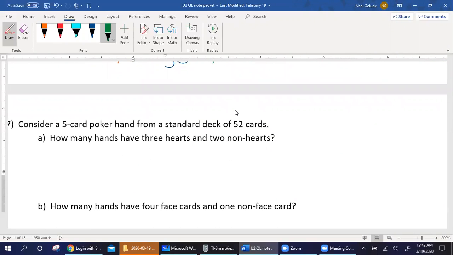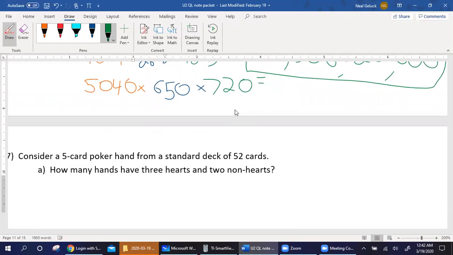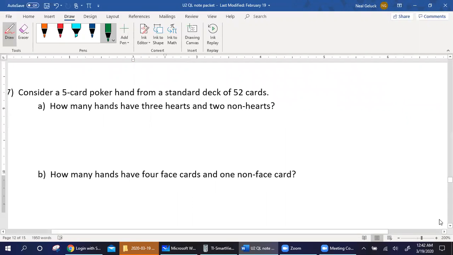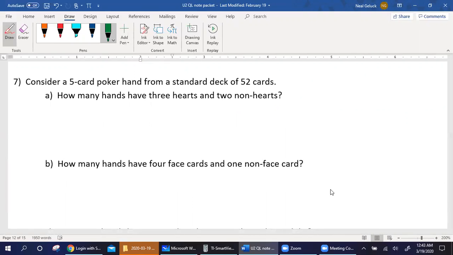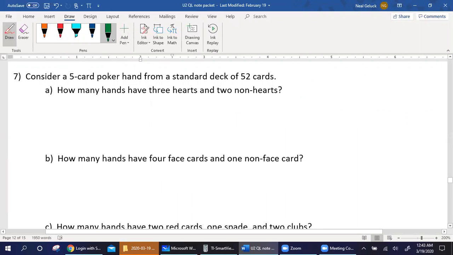On the next page, we've got a few problems to deal with poker hands. We're going to deal with poker hands a lot when we're talking probability in the next unit, but they start to show up here. First thing is make sure you're aware of the different cards in poker.